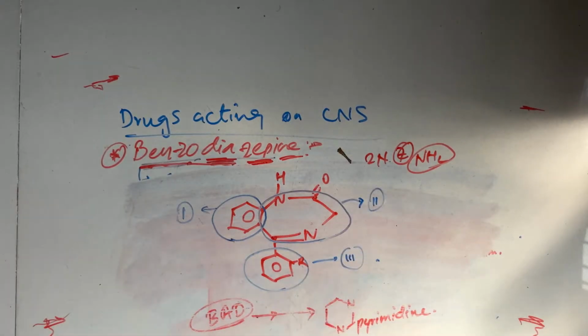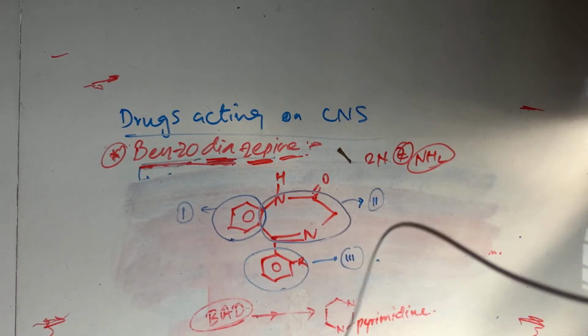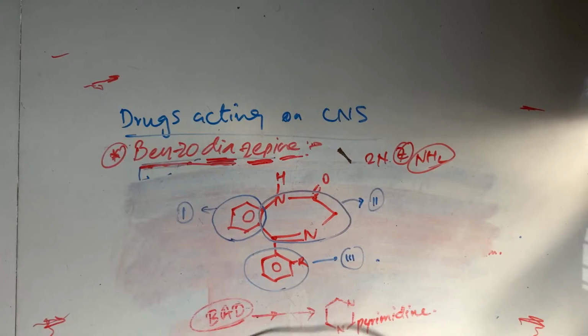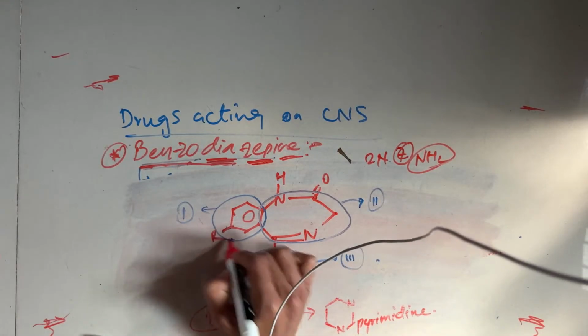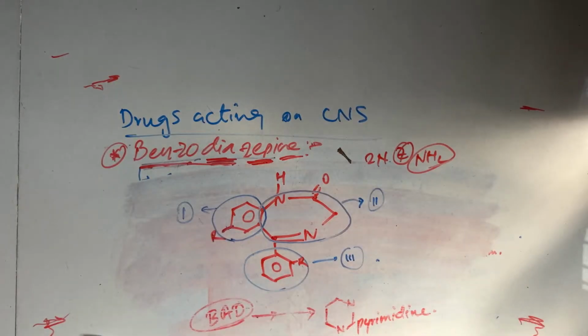So ring A, ring B, ring C, 3 rings are there. So how many substitutions or modifications are possible? Number 1 modification: in that benzene, in the 7th position, you will be having one highly electronegative group, and that is very much essential or needed for the activity of the benzodiazepine.